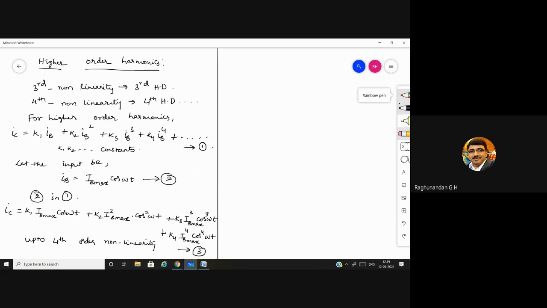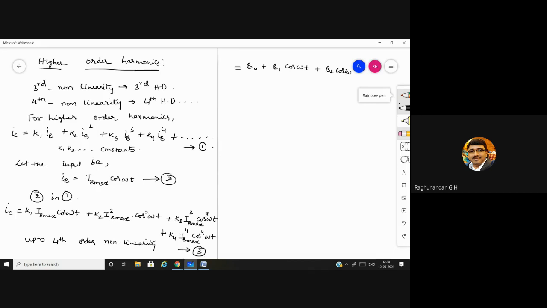By using the same methods that we have done, substituting B0, B1, B2 in the place of half K2 IB max square, all those things, the same steps we are going to do here. We substitute it, so we will be getting B0 plus B1 cos omega t plus B2 cos 2 omega t.